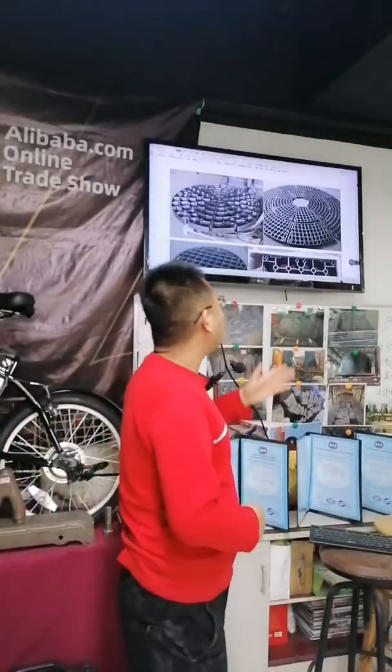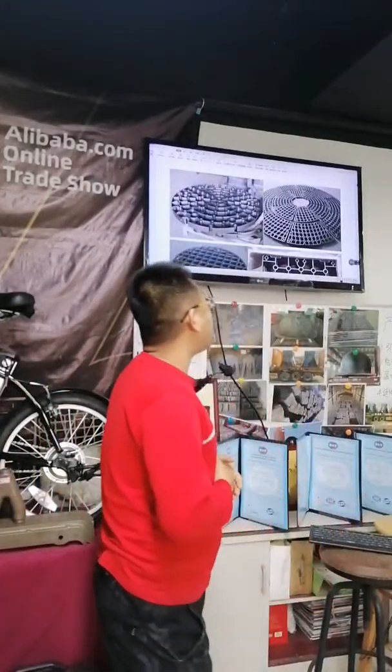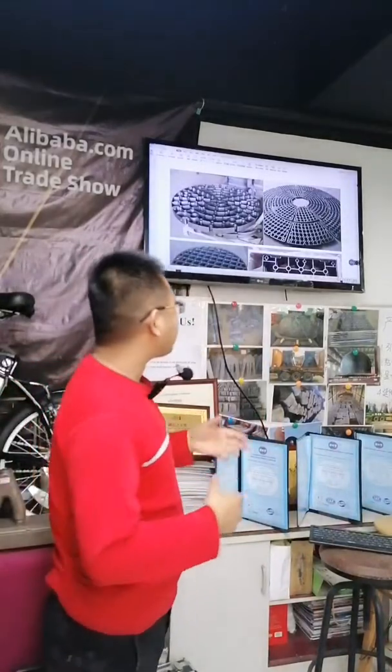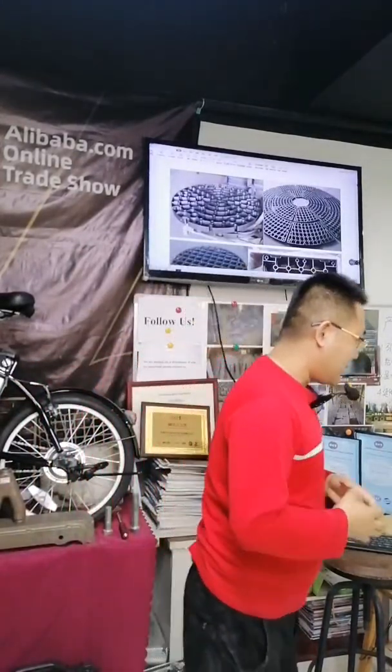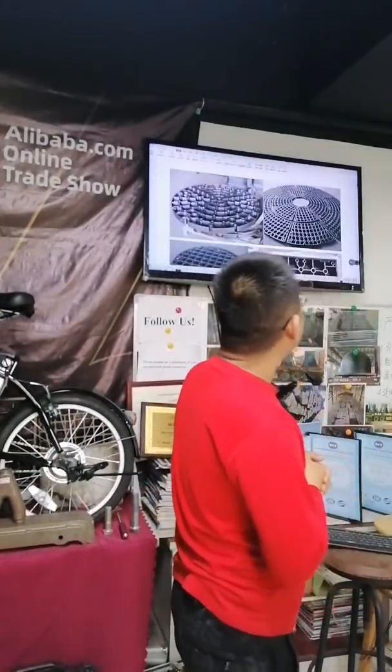And the second is another bigger tray. This tray OD size is more than 1,500, and we use the turning process and assemble them with sand.